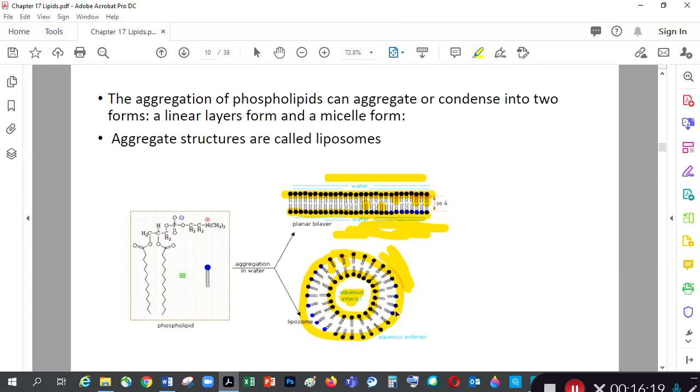Or they can go as micelles and can carry a lot of other unwanted stuff in and out of the liver, or in and out of any other section of the body where the lipids can be stored. Okay, so these aggregate structures, both the micelle type and the bilayer type, are called liposomes. So they have a unique name called liposomes.